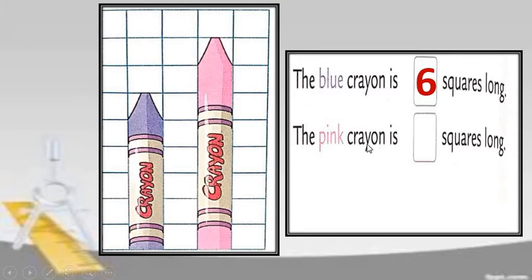The pink crayon is dash squares long. 1, 2, 3, 4, 5, 6, 7, 8. The pink crayon is 8 squares long.